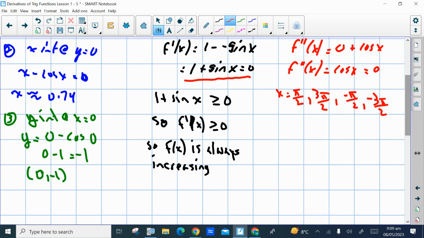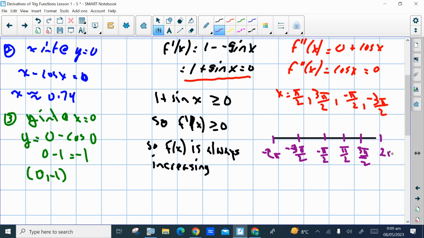So this is where we're checking for concavity and points of inflection. And we need to check all these intervals. So starting from negative 2 pi to negative 3 pi on 2 to negative pi on 2 to positive pi on 2, positive 3 pi on 2, and positive 2 pi.